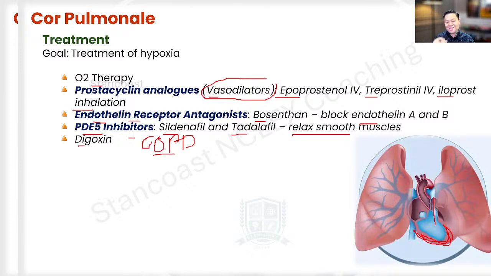All right, and this will now be transported into the left side of the heart via the pulmonary veins, and then into the left atrium and the left ventricle.